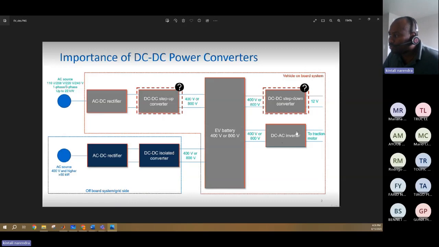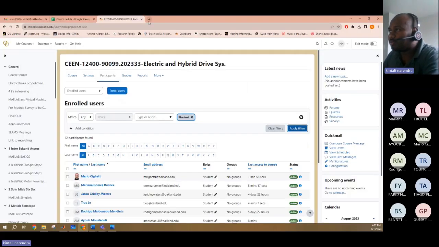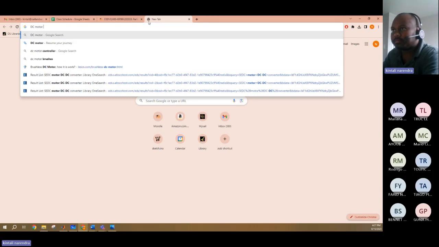In most vehicles we use AC motors, because in a DC motor there are a lot of parts which are touching each other, like the commutator and the brushes.